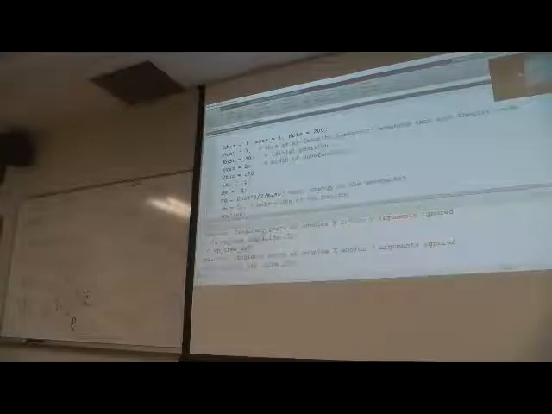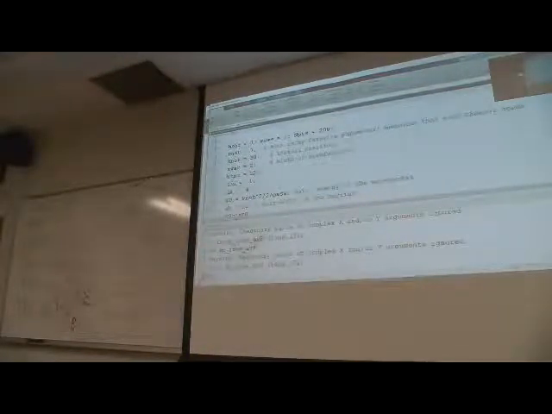File. Particle in a box. Save. Probably I should click on this floppy disk. Okay.